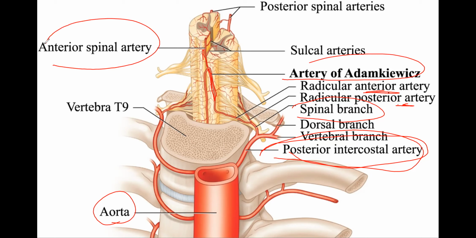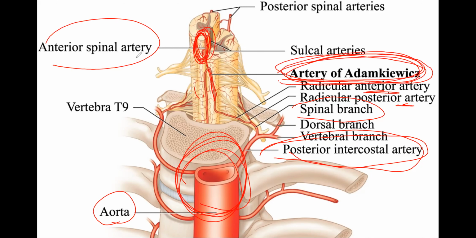So in aortic aneurysm repair, the injury is not isolated to the anterior spinal artery; it is the problem of the artery of Adamkiewicz. The artery of Adamkiewicz leads to lesion to the spinal artery because it is the only feeding artery to the anterior spinal artery in thoracolumbar and sacral regions.